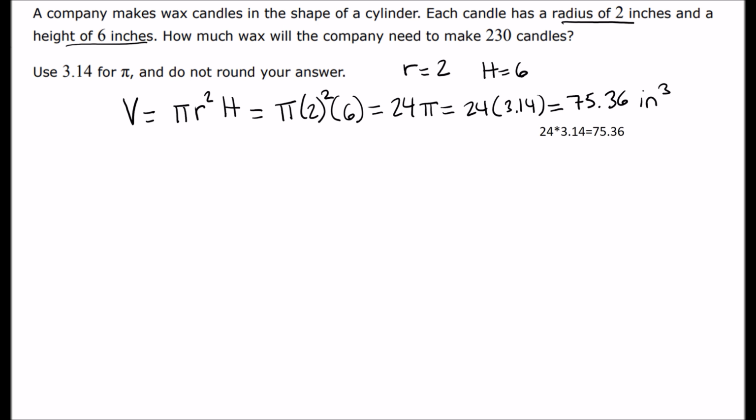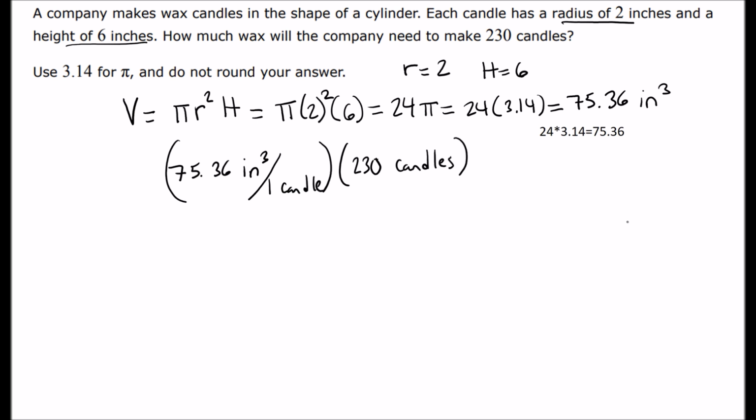Now this is for one candle, and so we need to multiply this by 230 in order to make enough wax for 230 candles, right? So we got 75.36 cubic inches for every one candle. And we multiply that by how many candles we want to make.